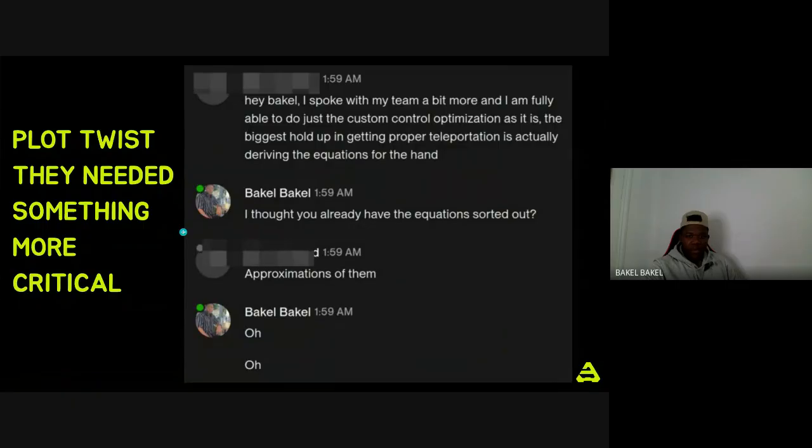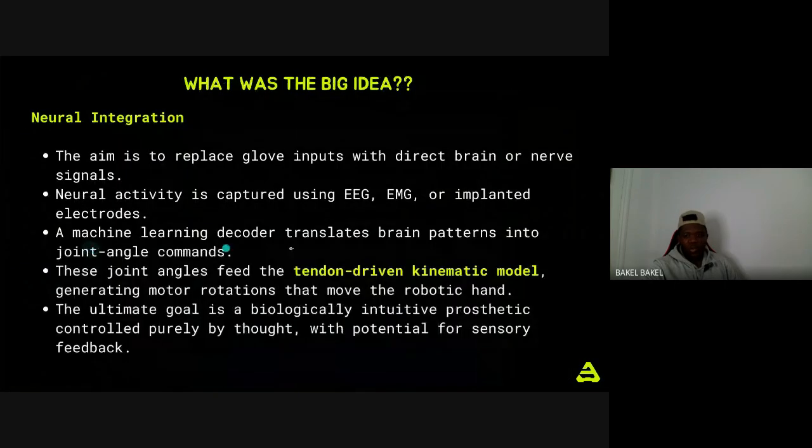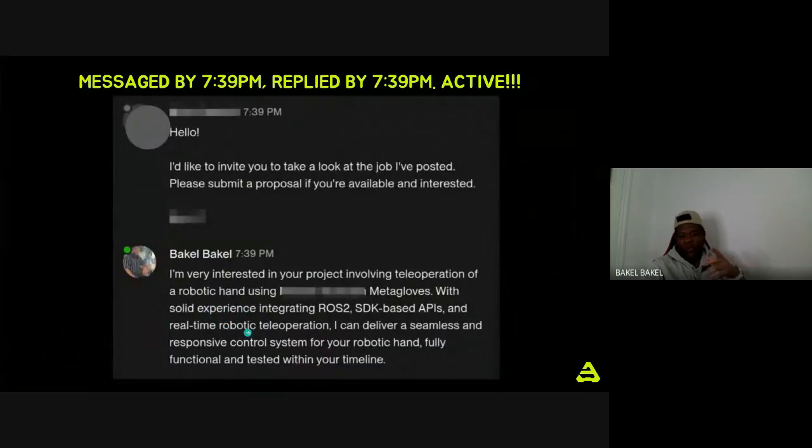And something happened. Remember, I said what they wanted was some kind of ROS integration. Let me explain something. You have the hand, the robotic arm. Remember, they made the robotic arm themselves.